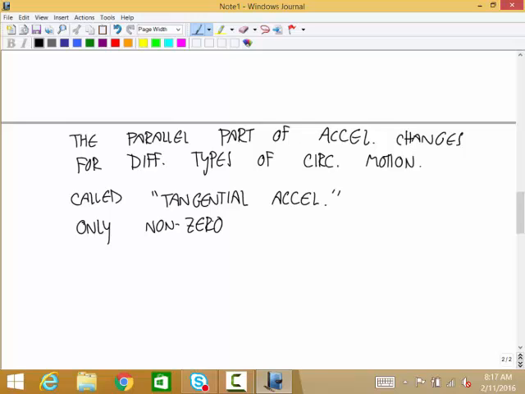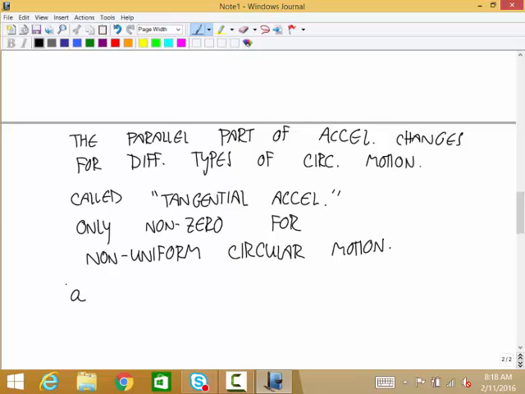If it's non-uniform and the speed is changing, then you do get a tangential acceleration. And in every case of circular motion, the acceleration is equal to the centripetal acceleration plus the tangential acceleration.